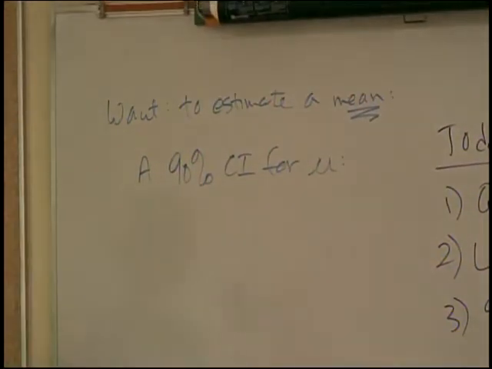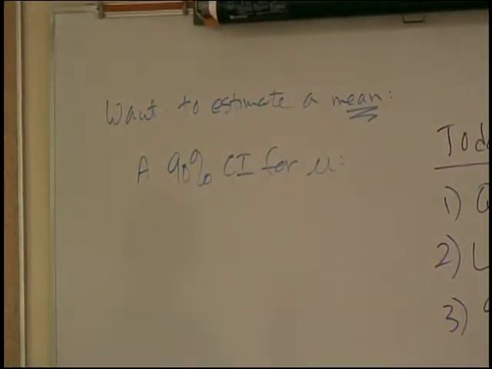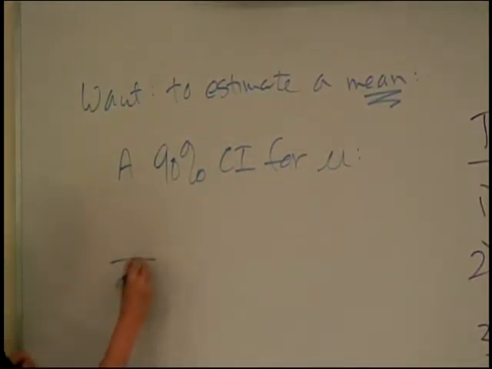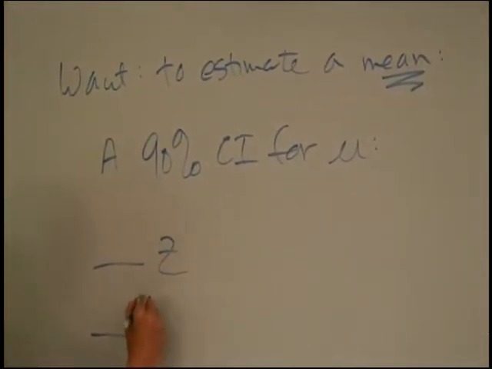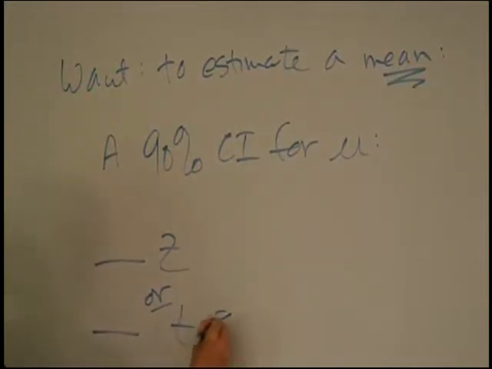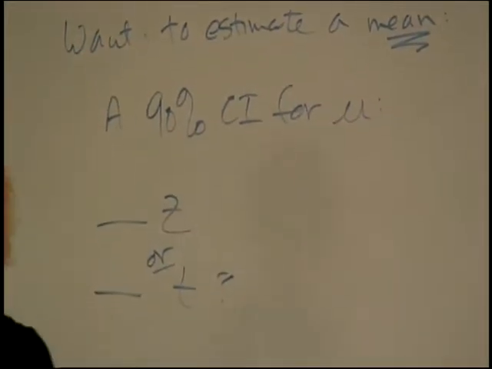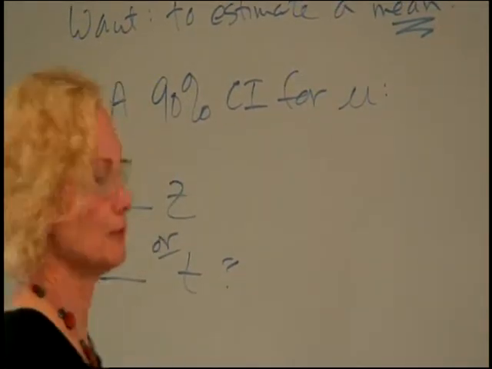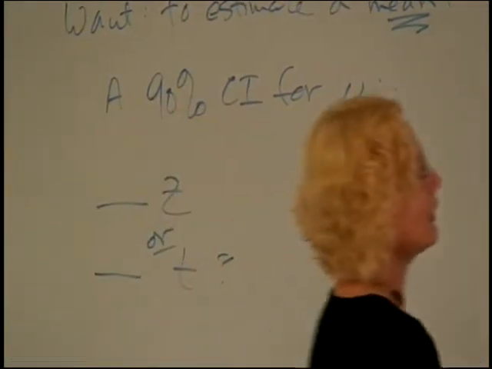We have two choices, correct? Z interval or T interval? Which is it going to be? Z, because we have the standard deviation of the population. Good. So we want a 90% confidence interval for the mean.